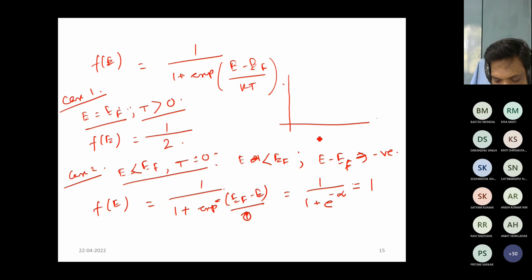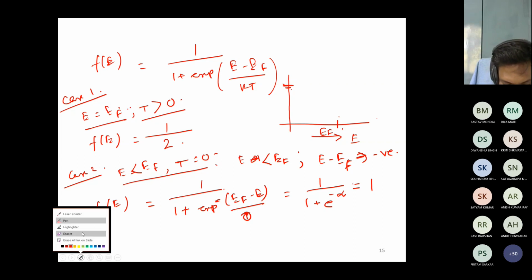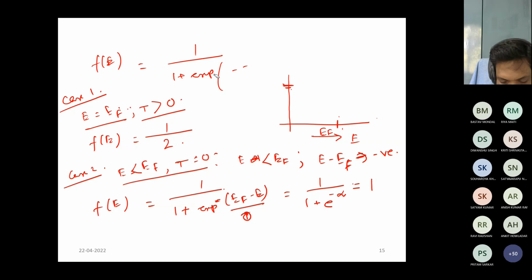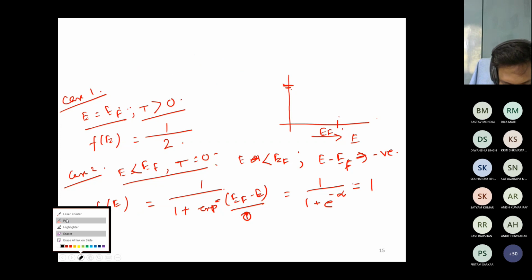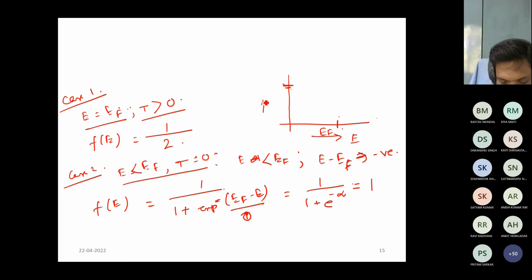If I plot energy E along this axis up to the energy EF, and plot the function F(E) along this axis, the maximum value is 1.